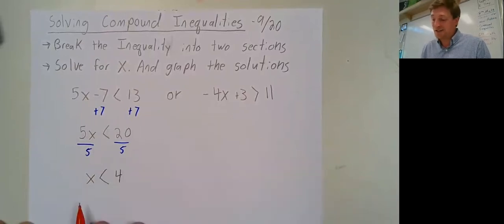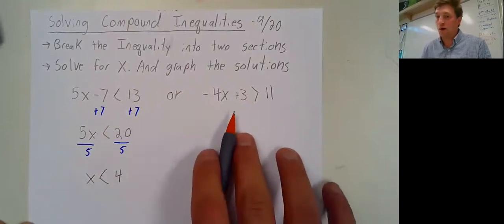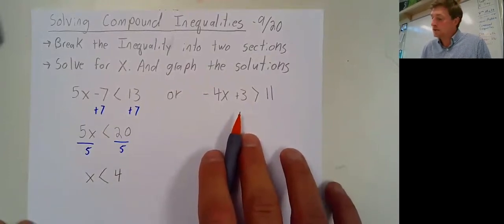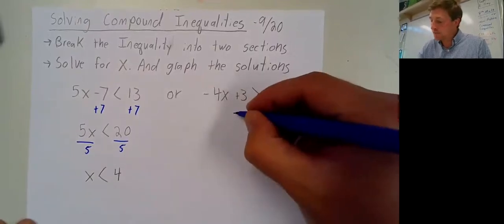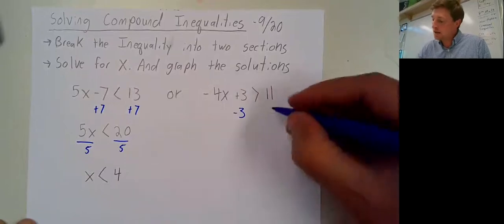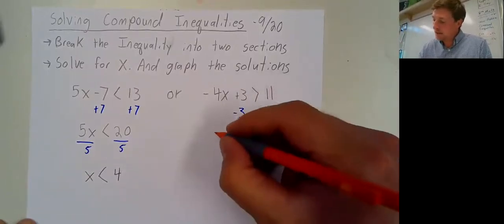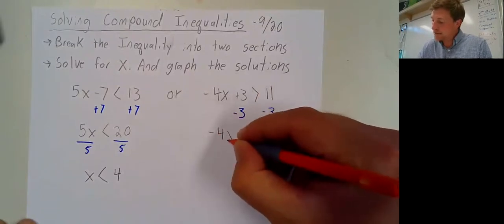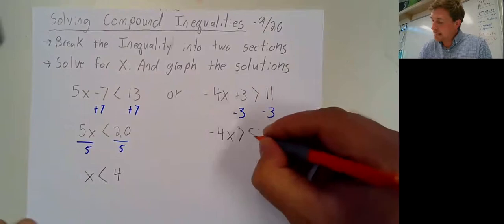As I said, it's very similar to what we've been doing, but the thing is we just have to do it all over again for the other section. So same idea, thinking about SAD-MEG, pulling the layers away. I'm going to start with that 3. So I'm going to take the 3 away. That's going to leave me with negative 4x is greater than 11 minus 3 is 8.